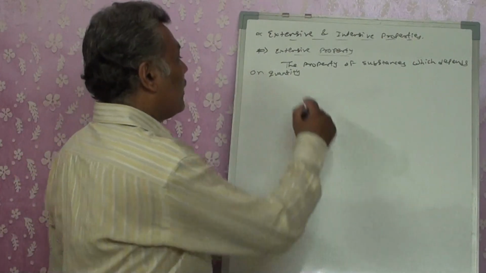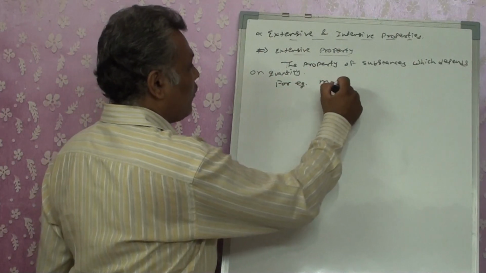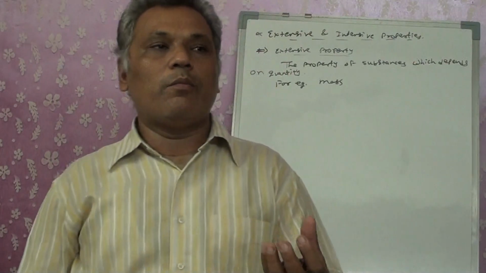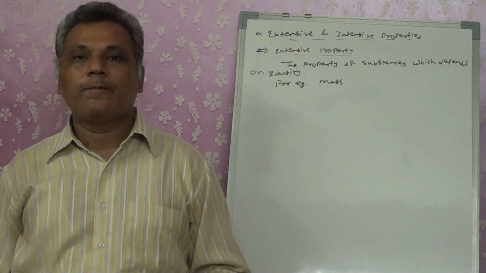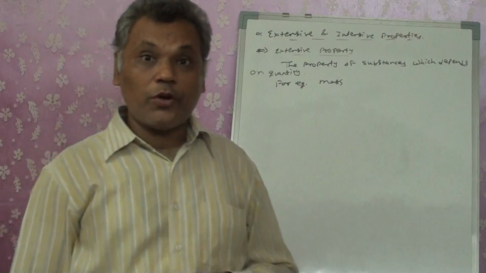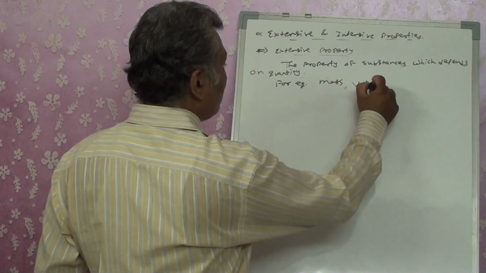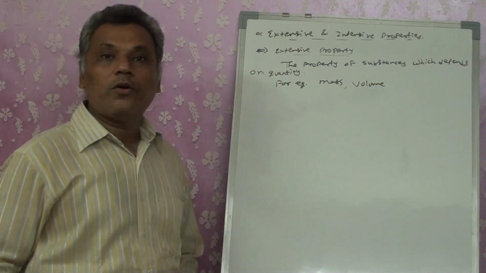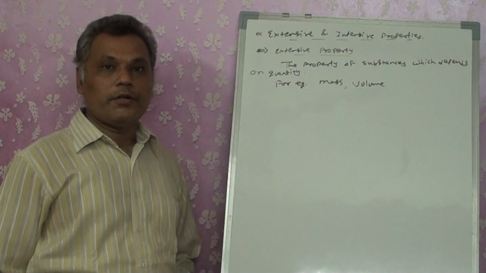That means, for an example, if I want to calculate the mass, if I am taking a small quantity, a bowl of rice, and if I am taking a pot of rice, the quantity has changed, so the mass of the substance will also change. Similarly, volume. If I am taking 1 liter of milk or 500 ml of milk, the volume is different, right?